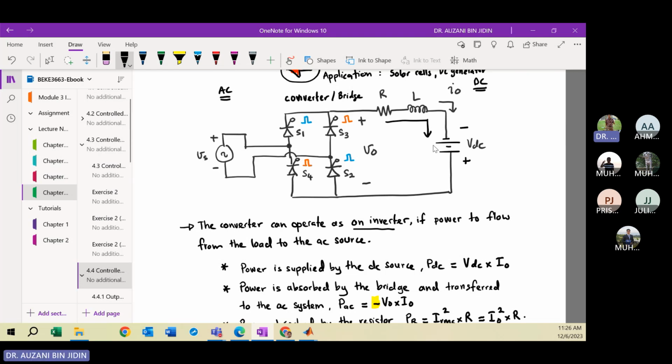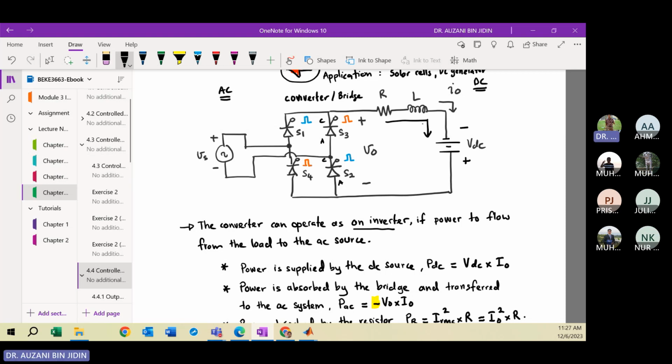Remember the thyristor allows the current to flow from anode to cathode. Here will be anode, cathode, and the same goes to here, anode, cathode. So IO is always positive. You cannot change the direction of the output current due to the polarity of the thyristor.